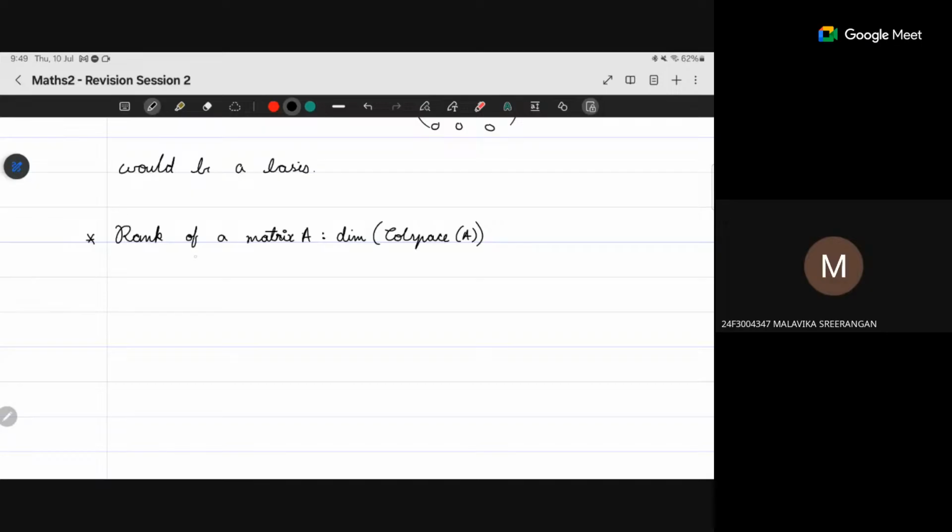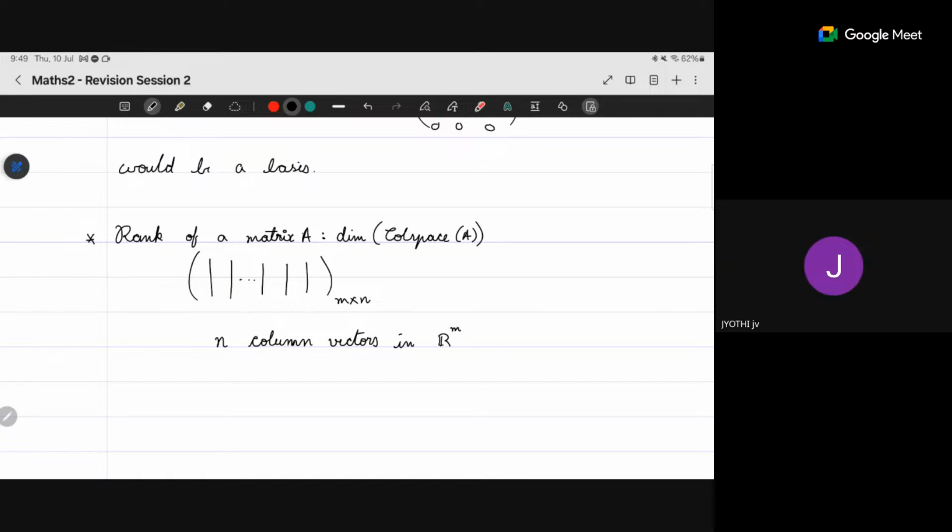What does this mean? When I write a matrix A, it has certain columns, right? Suppose this is an m cross n matrix. How many column vectors does it have? The order is n, so n column vectors. In which space are these n column vectors?